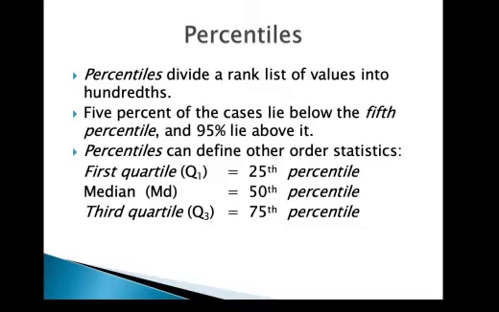The fifth decile will be that value that's higher than 50% of cases and lower than 50% of cases. The fifth decile is also called the median and the second quartile.